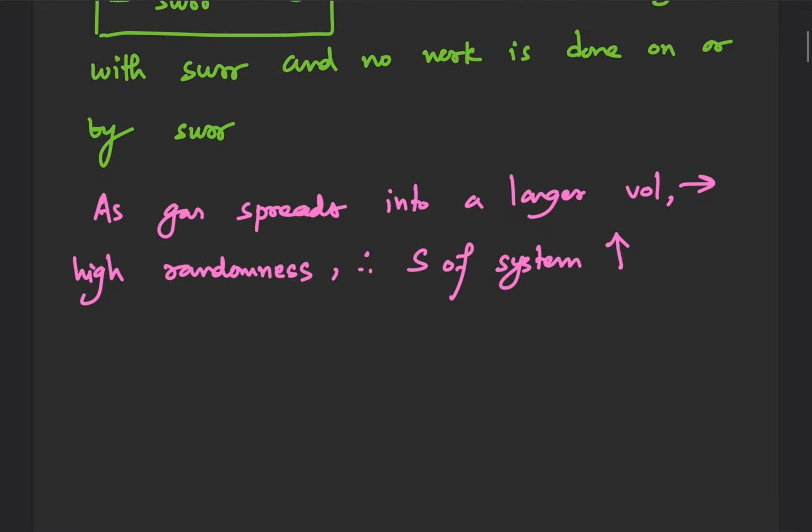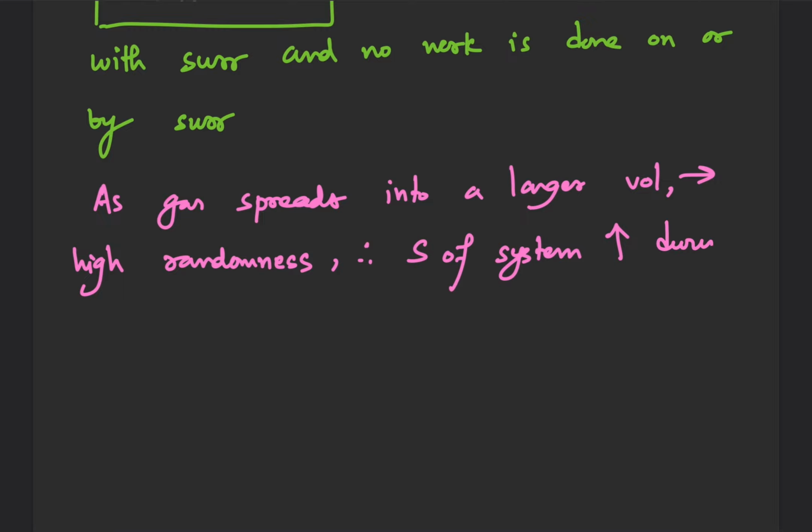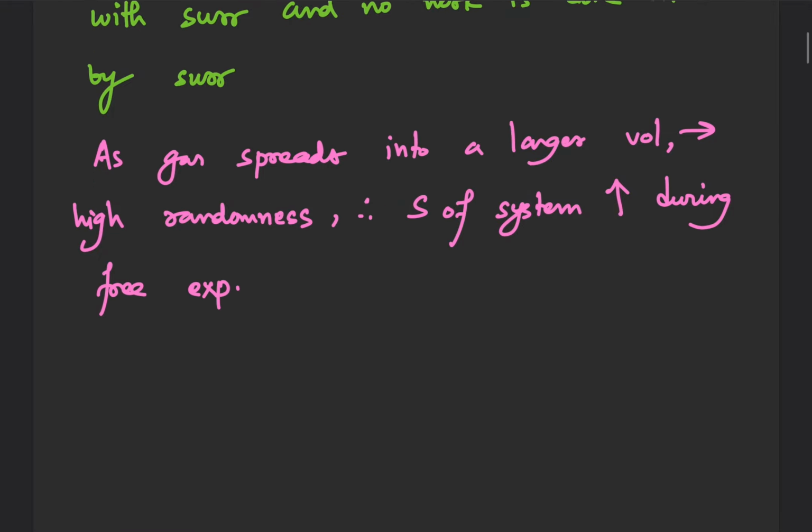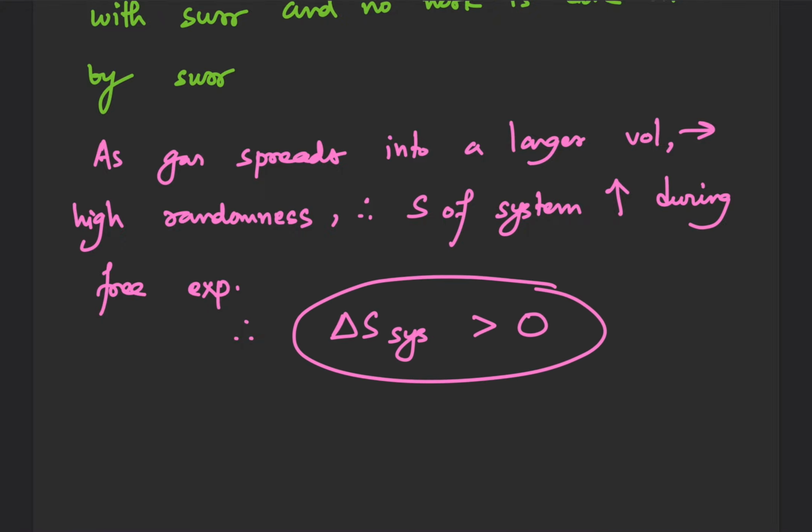Entropy of the system will increase during a free expansion. Therefore, since the entropy of the system is increasing, delta S system will be definitely greater than 0, right? So let's calculate its exact value. That is, how much is actually delta S system.